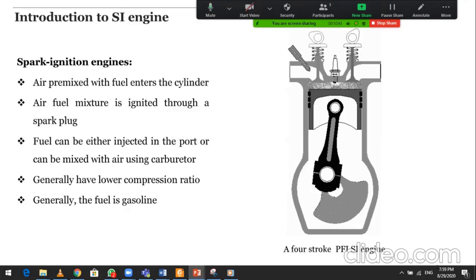Fuel can be either injected in the ports or mixed with air using a carburetor. You can inject from here or use a carburetor, it is your choice; it depends on the classification of the system. These engines generally have a lower compression ratio.